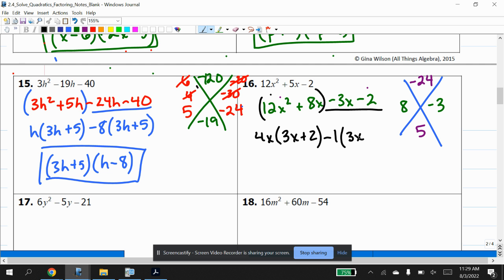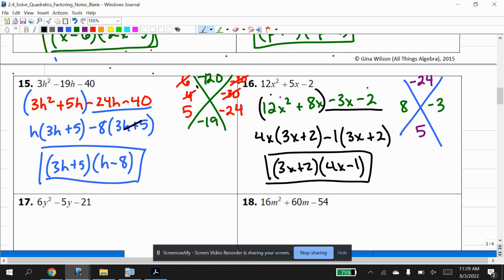And that'll turn it into 3x plus 2. And remember, whatever this sign in the middle is, that's going to be the sign in front of those parentheses. Always. Every time. Okay? All right, so we got 3x plus 2, 4x minus 1. We've got the factored form of that. Okay? All right.